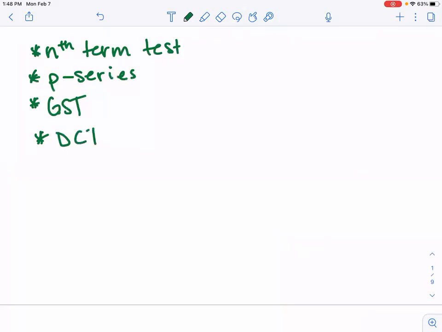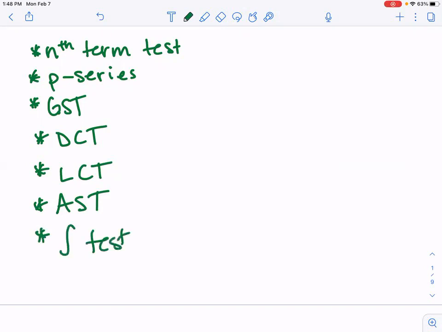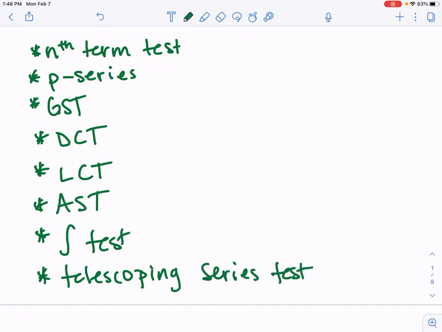Direct comparison test. Limit comparison test. Alternating series test. Anything else? No.